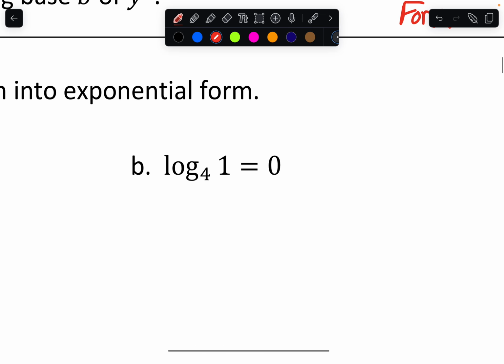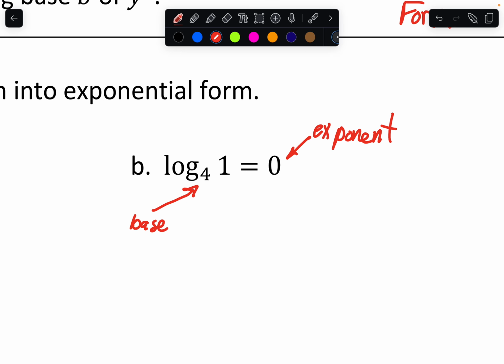Again, this is my base and this is my exponent. Remember that in log form, the exponent is always by itself. So we're taking base 4 raised to the exponent 0, and that's equal to 1. We know that's true, right? Anything raised to the 0 power is going to be 1.